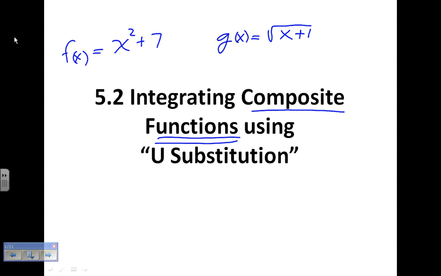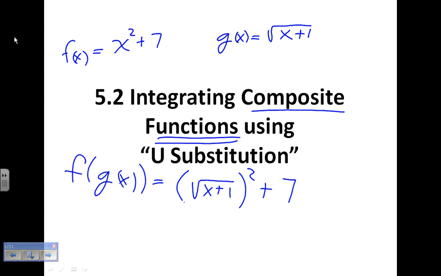Now, a composite function, f of g of x, is a composite function. You take g, you put it into the square root plus 7. That's a composite function.